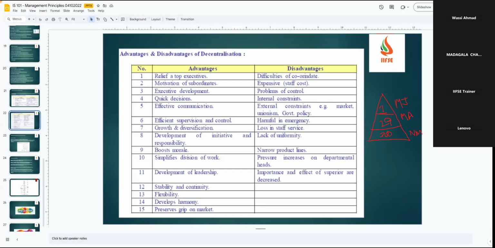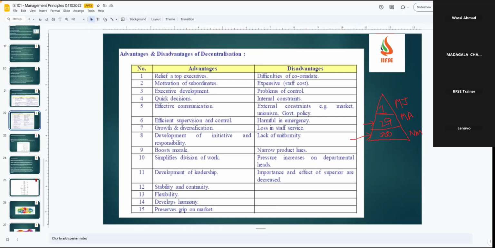So, for example, if these 29 are supposed to happen, there would already be 30 cases or 300 cases of minor cases, in the sense near miss cases, unsafe actions or unsafe conditions, that would have happened prior to this.